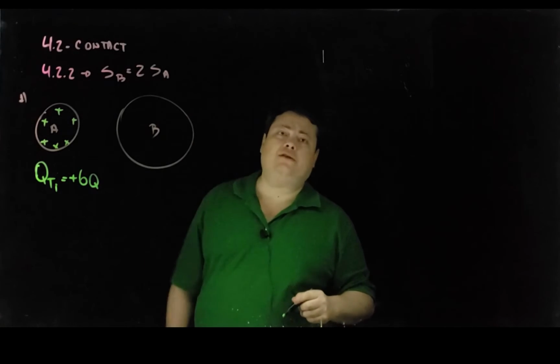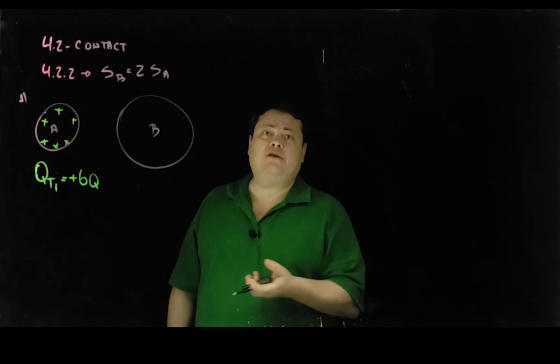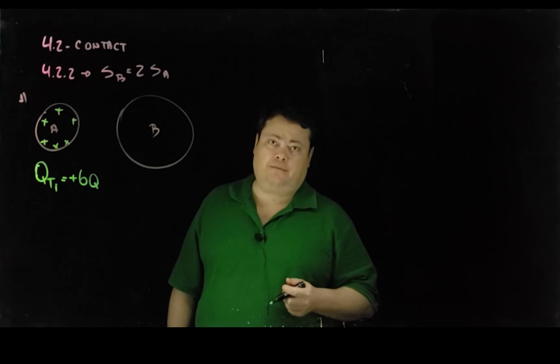Notice that plus 6Q, putting a positive charge on A, actually means removing electrons from it.